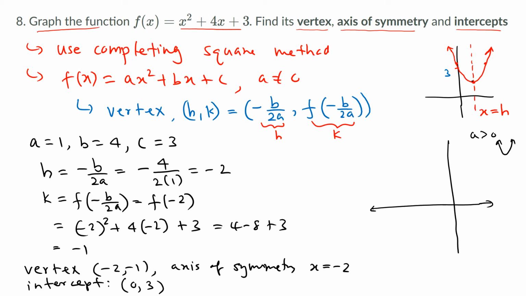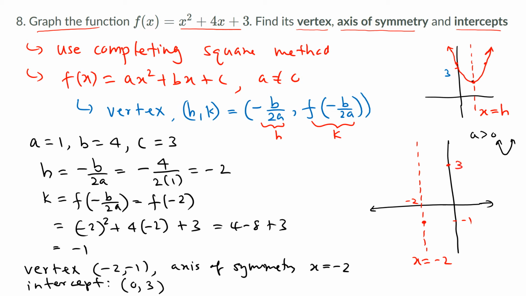What we're going to do is mark the axis of symmetry, which is x equal negative 2, and the vertex at this point, negative 2 and negative 1. And we also know the y-intercept at (0, 3).